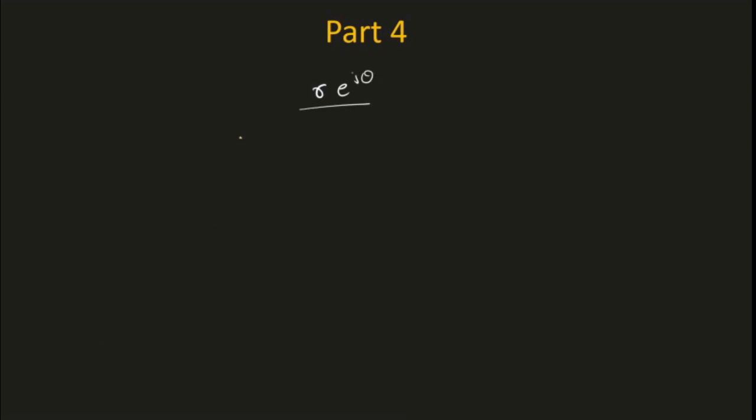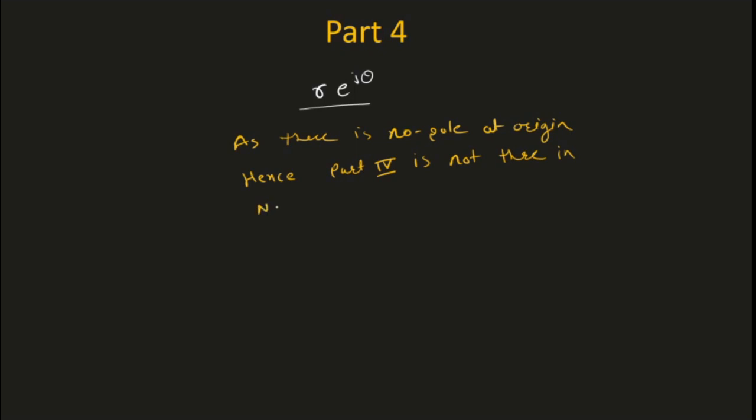Therefore, as there is no pole at origin, hence part 4 is not there in the Nyquist plot. So part 4 will not be there as there is no pole at origin.